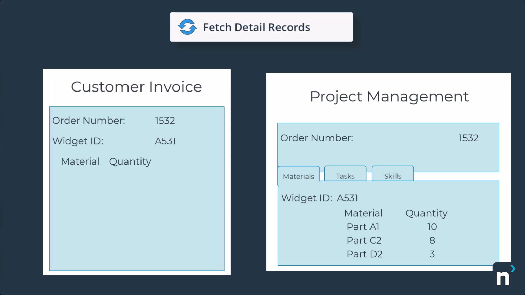Since the project management application is a header detail type, the developers included a Fetch Detail Records action configured to fetch data from the project management application's materials detail table. This action eliminates the need for manual data entry, ensuring that nothing is missed.